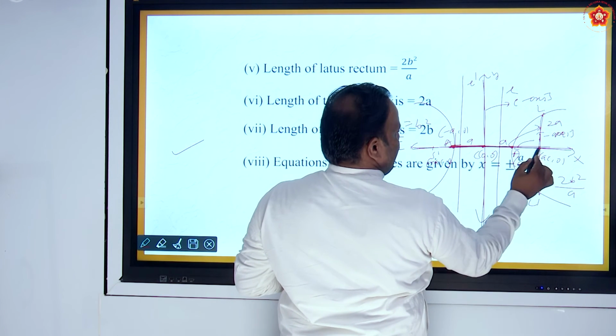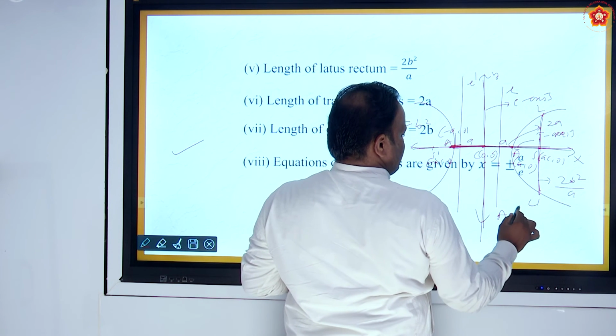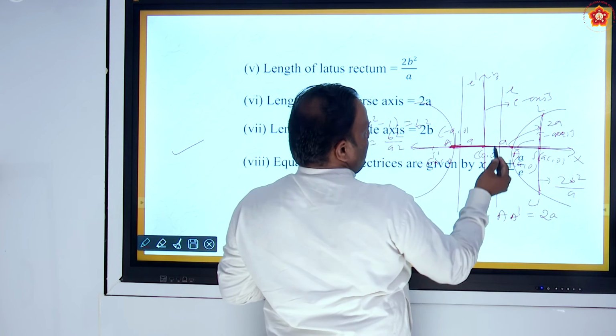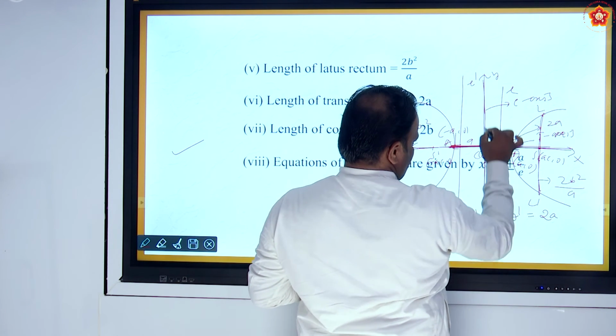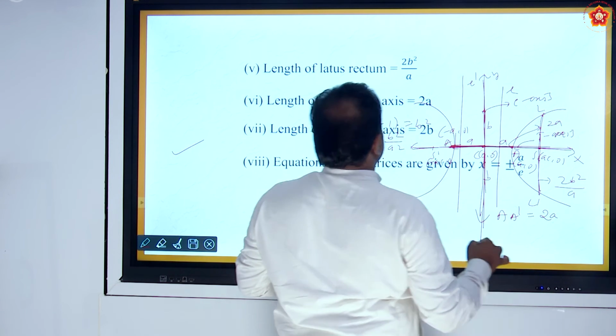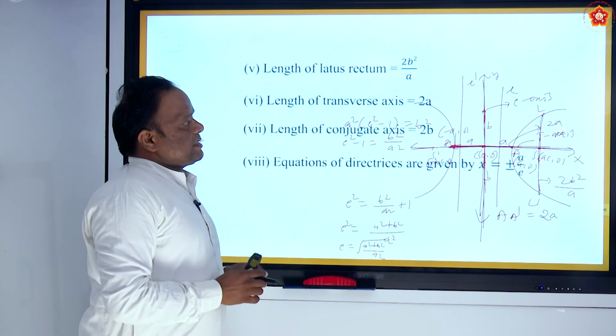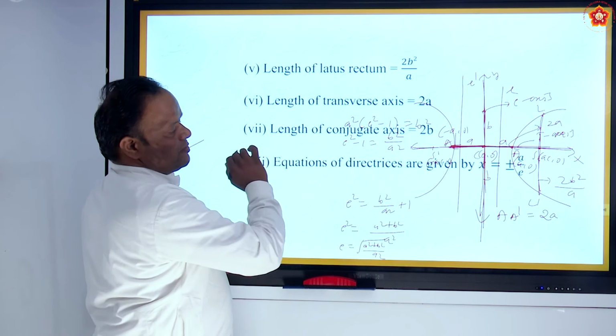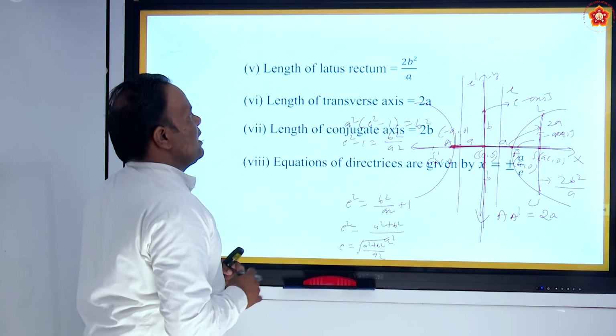Length of conjugate axis means this length. Suppose you take points B here and B here. This is the conjugate axis. The length of the conjugate axis is 2b. The conjugate axis is nothing but the y-axis, and the transverse axis is nothing but the x-axis.